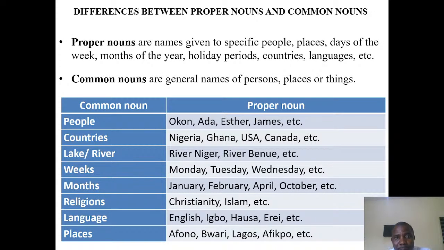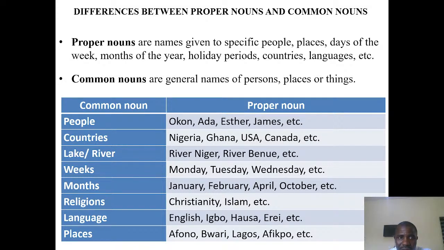Look at the difference. Proper nouns are names given to specific people, places, days of the week, months of the year, holidays, periods, countries, languages, etc. While common nouns are general names of persons, places, or things.